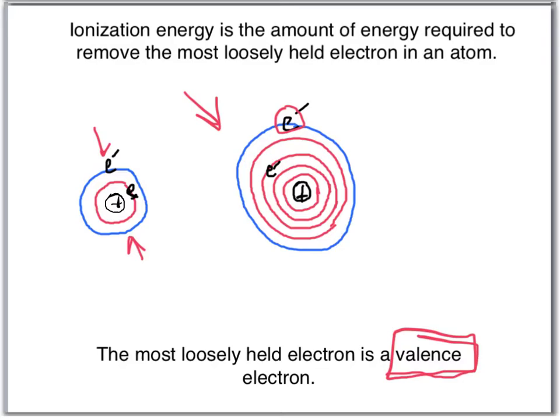From this you could also draw the conclusion that with this kind of atom, with all this shielding, it's going to be a lot easier to remove that electron. It's not going to be held nearly as tightly by the nucleus as, say, the electron here. And you would be right, and that's the next slide.